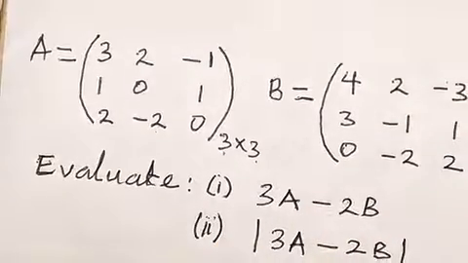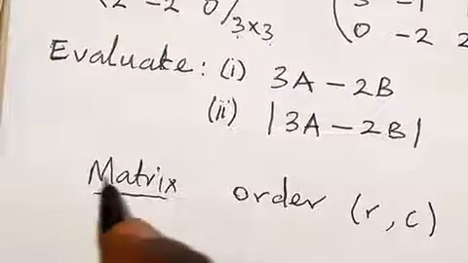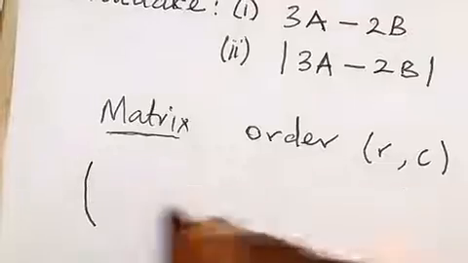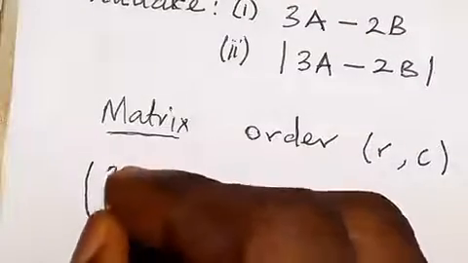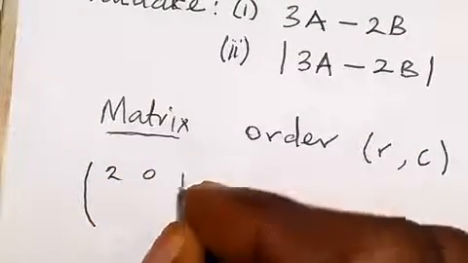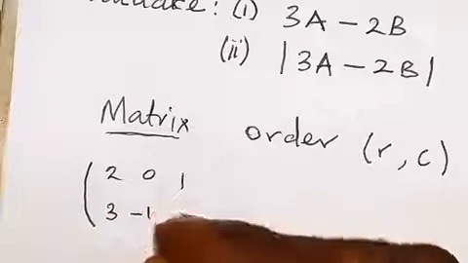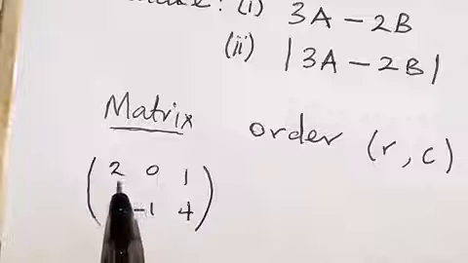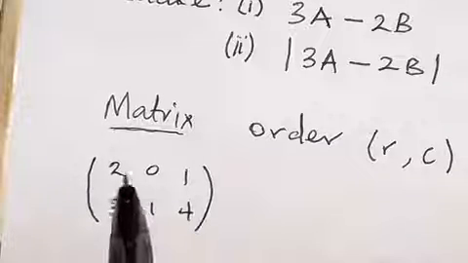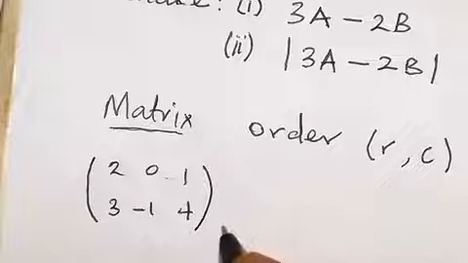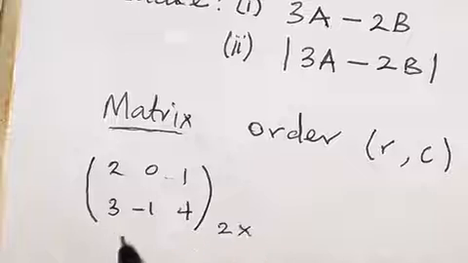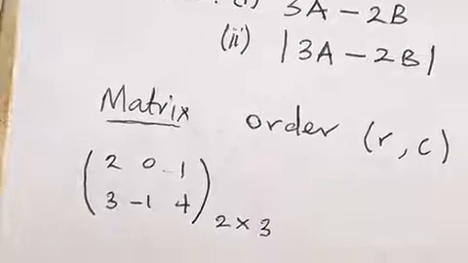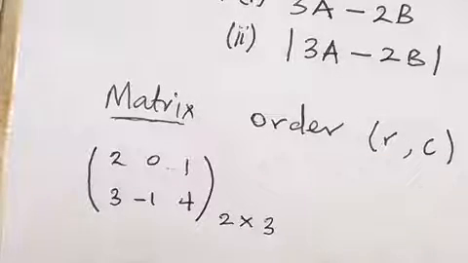Similarly, if I have a matrix like this, for instance 2, 0, 1, 3, minus 1, 4, this matrix will be of order row, column. We have just 2 rows here, that is 2 by, and we have 3 columns, 2 by 3. So this matrix is of order 2 by 3. And that's not where we are going today.